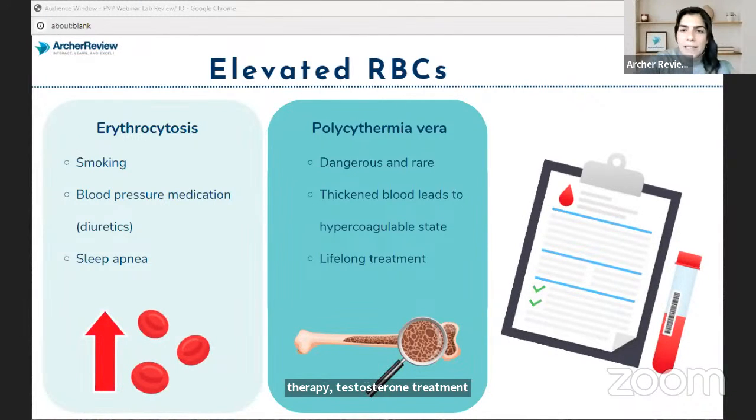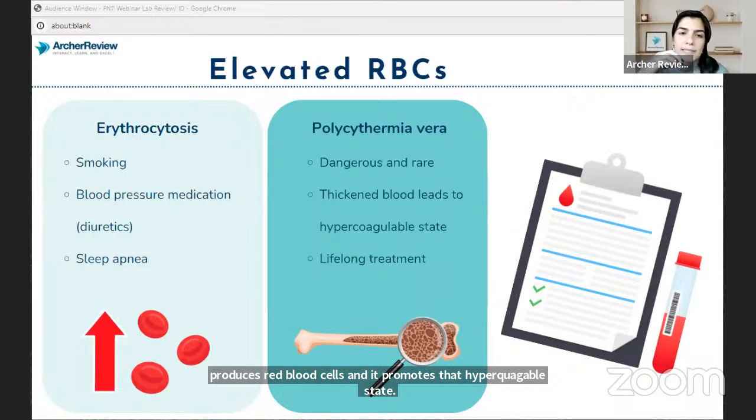But what do we basically want to rule out and make sure it is not? Why should we not ignore an elevated red blood cell count? You want to make sure that you rule out things like polycythemia vera. It's rare. It's when the bone marrow overproduces red blood cells and it promotes that hypercoagulable state, so it promotes blood clots.